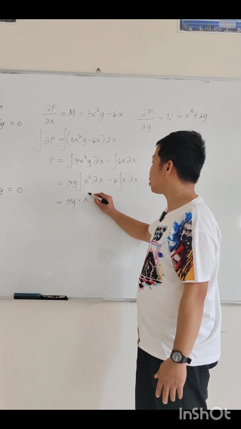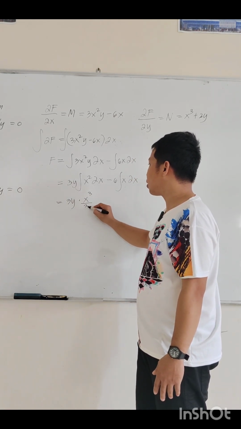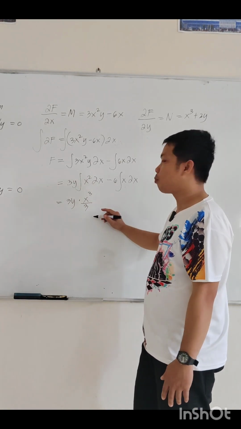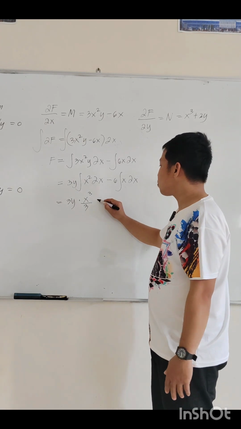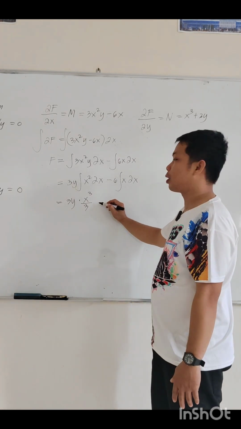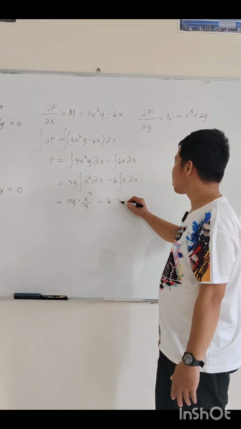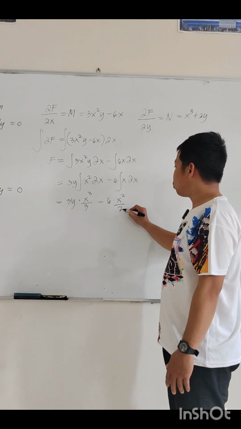The integral of x squared is x cubed over 3. Mag-add tayo ng 1 sa exponent, and then kung ano yung exponent, yun yung magiging denominator. Actually, mag-add tayo dito ng c, pero later on na tayo mag-add yan. Minus 6 times x squared over 2.